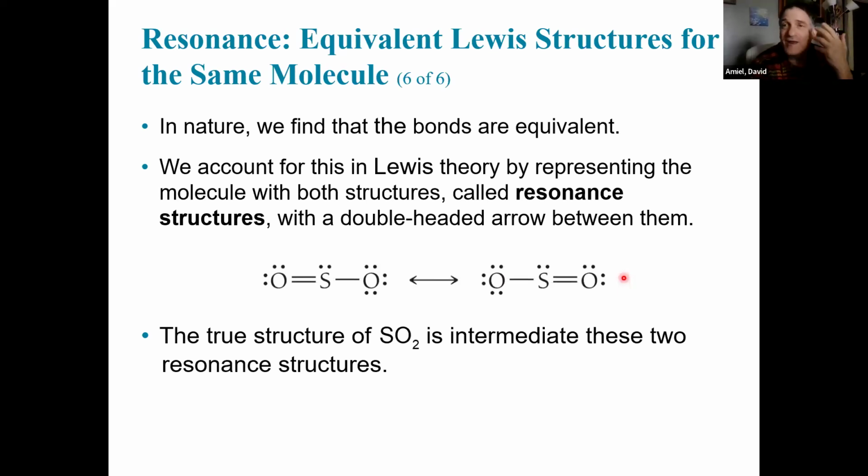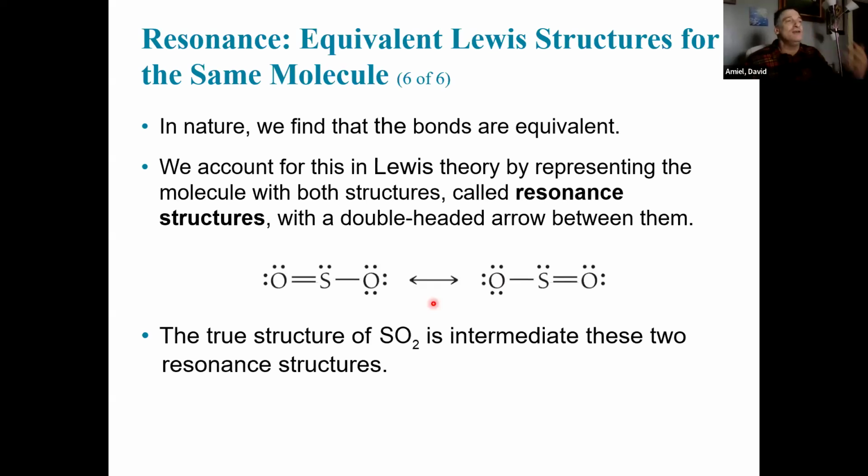In reality, in nature, the molecule is switching back and forth between each structure. You realize that Lewis structures are taking a snapshot of a moving picture. The electrons are continuously moving around and shuffling back and forth between two stable resonance structures.